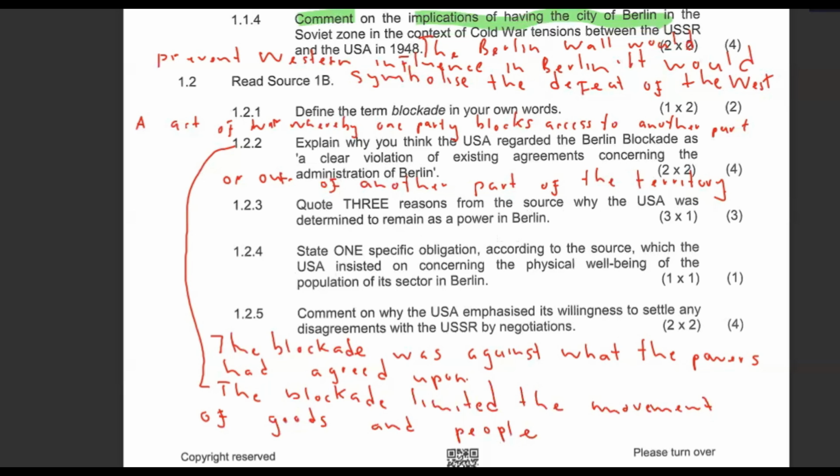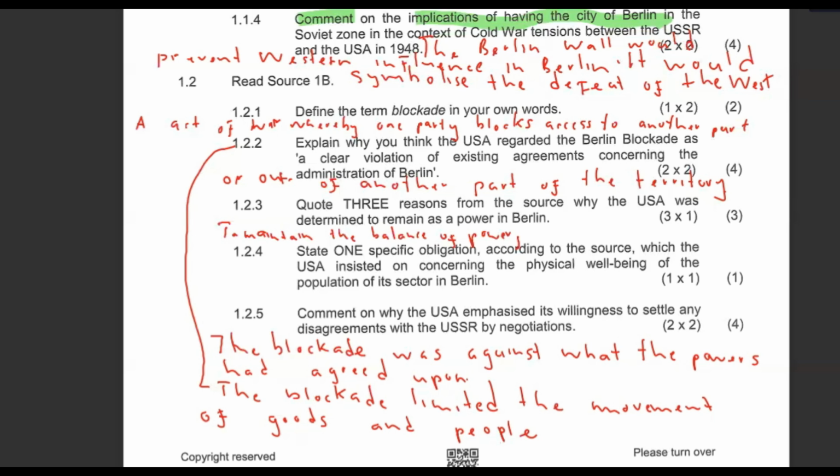So one of the reasons why the USA was involved in the Cold War was that it was trying to maintain the balance of power. In other words, the USA did not want the USSR to expand further, so that they can maintain a balance of power between the two superpowers who were contesting in the Cold War.